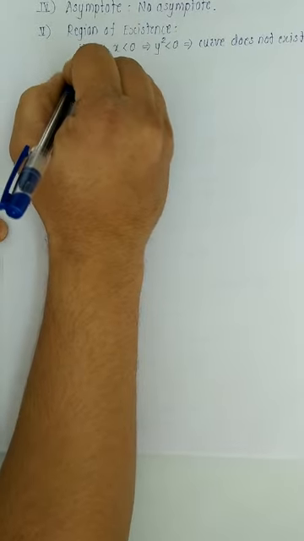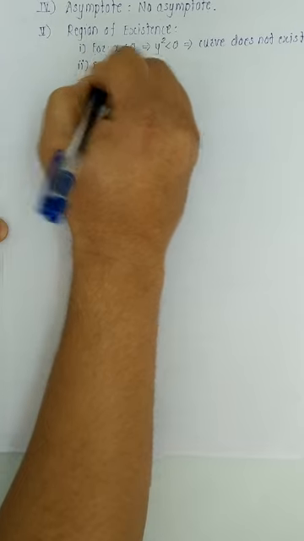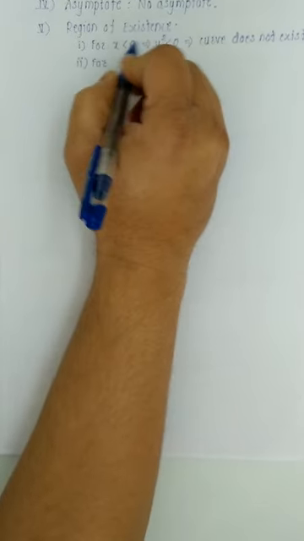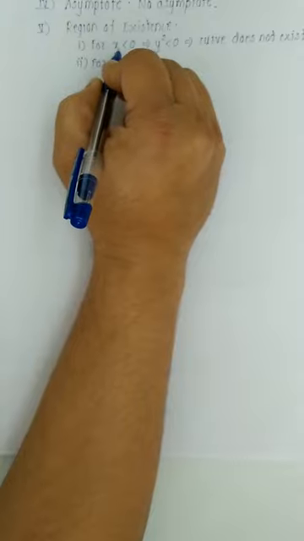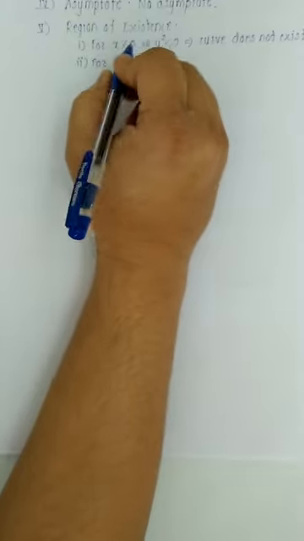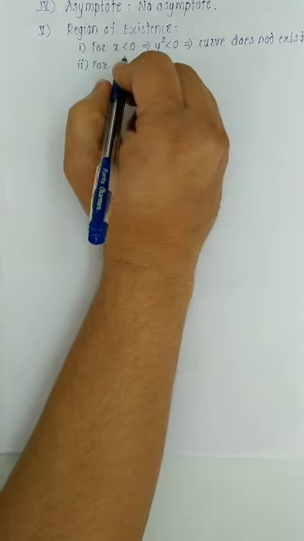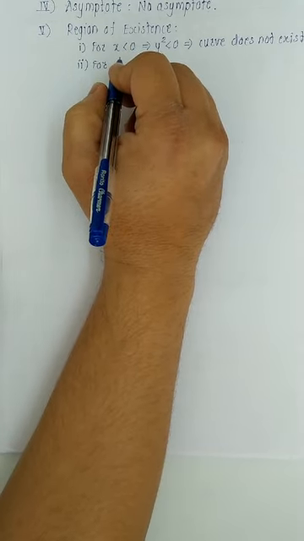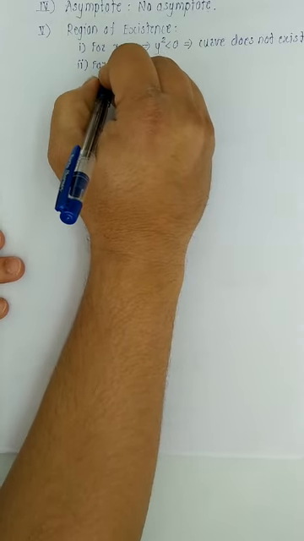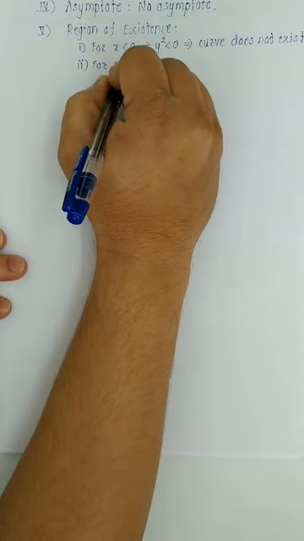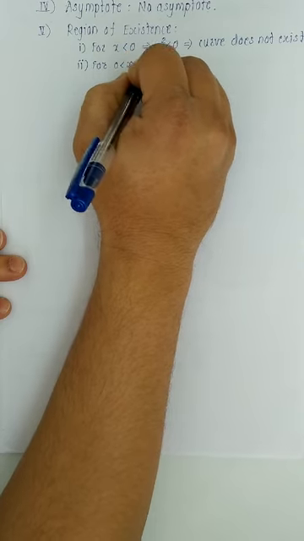Now we will consider the next interval. We have considered the whole left hand side, that is x less than 0. Now when we go to the right hand side, we have the point of intersection at 2a comma 0. Therefore the second interval we will consider is 0 less than x less than 2a.